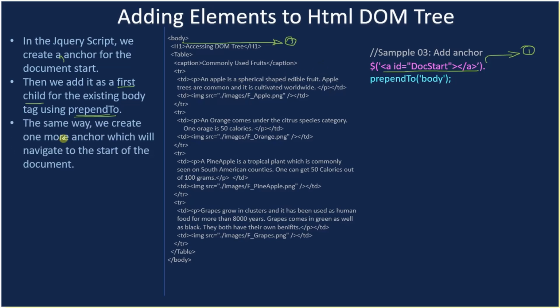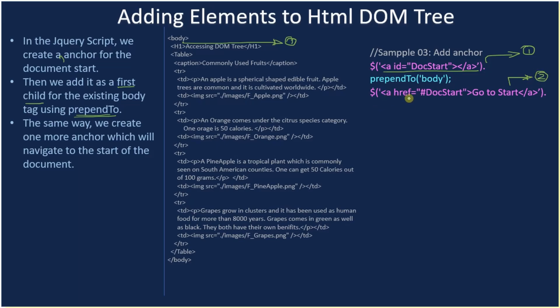The same way, we create one more anchor which will navigate to the start of the document. So here, if you see, we are creating one more element. Let's call this the second element which we are creating.